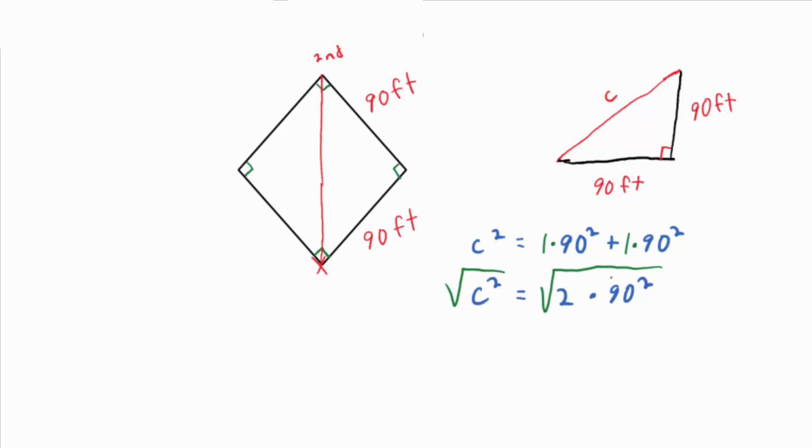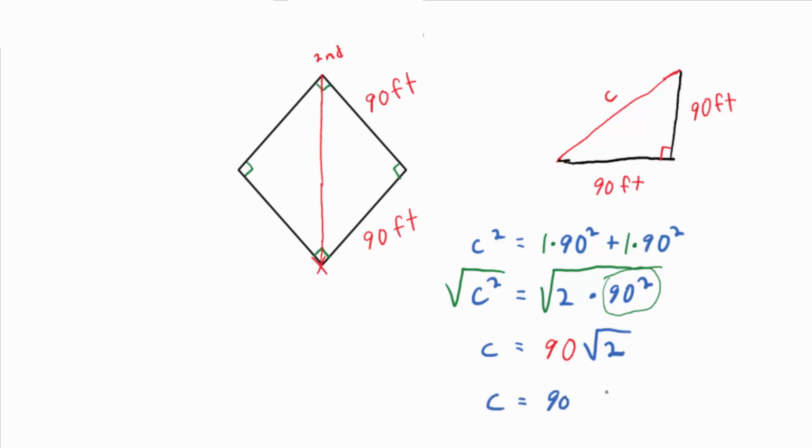And you know, to simplify the radical, you pull out the square root of the perfect square, right? So that pulls out, what do you get on the outside then? You get the square root of 90 squared, which is 90. So you get 90 outside the radical. What's left inside the radical? Square root of 2. So you get C on the left side is equal to 90 root 2.